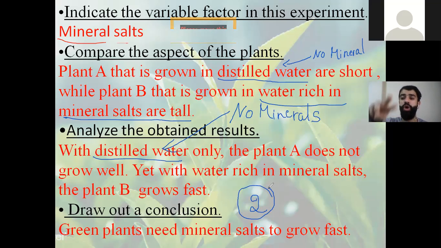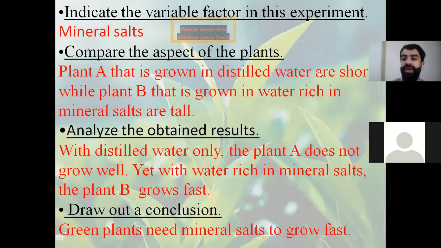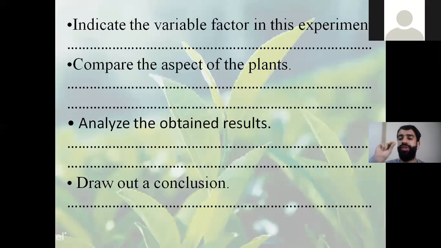In this session, we identified two important elements for the growth of green plants. Who can tell me what these elements are? I need Fatima Battah. What are the two elements that we identified in this session that are important for the growth of green plants?